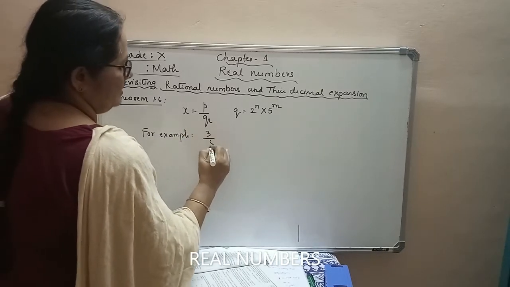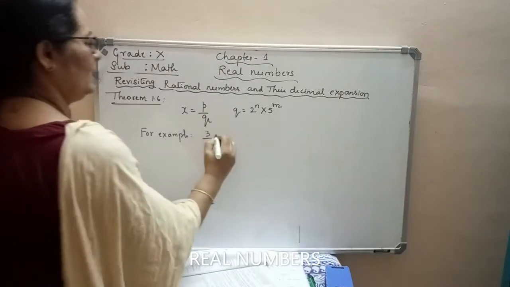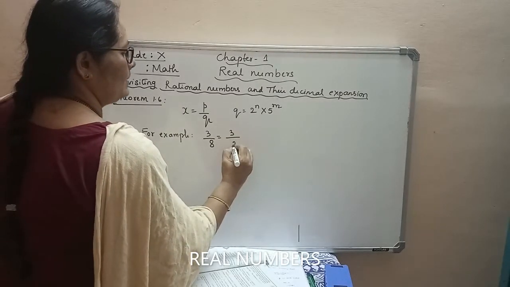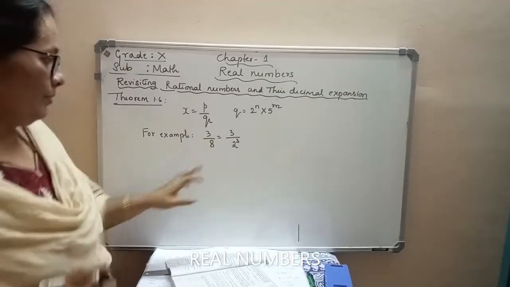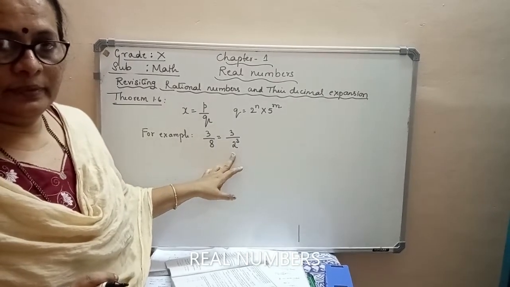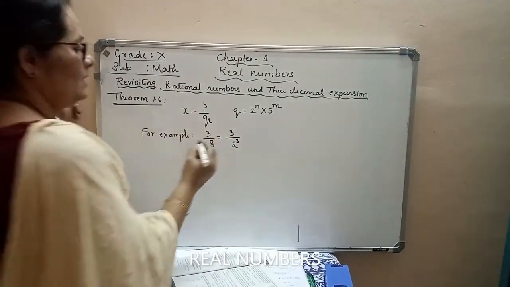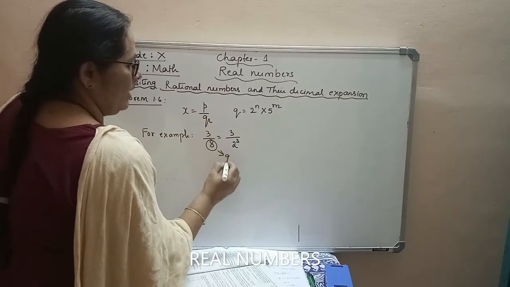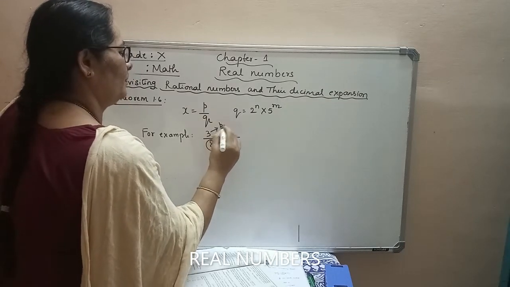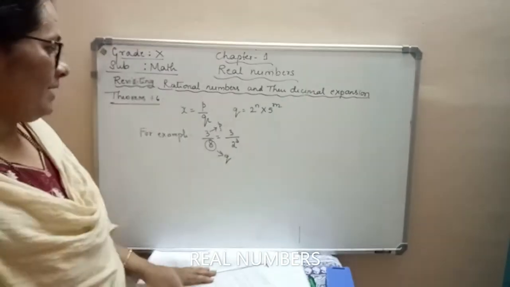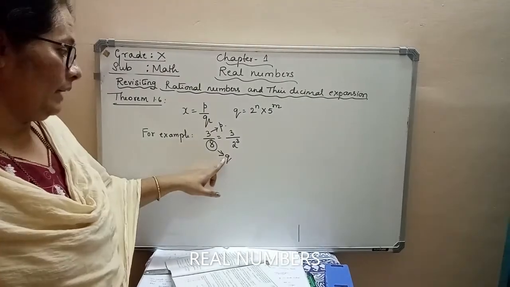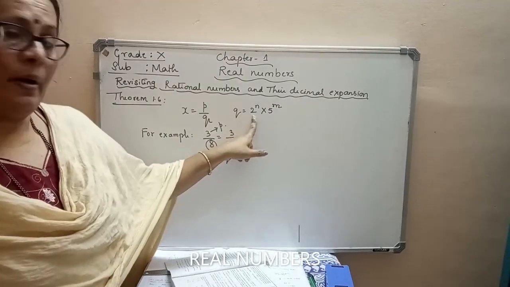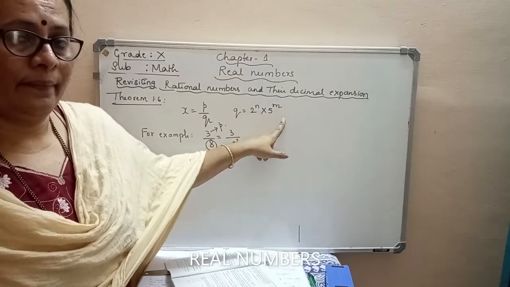3 by 8. So 3 by 8 can be written as 3 by 2 to the power 3. Here q is the denominator and p is the numerator. Now we have to check whether it's possible to write q in the form of 2 to the power n into 5 to the power m.